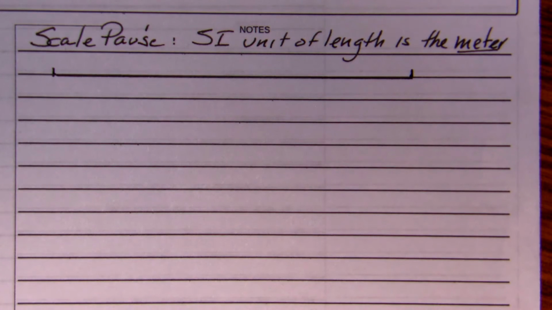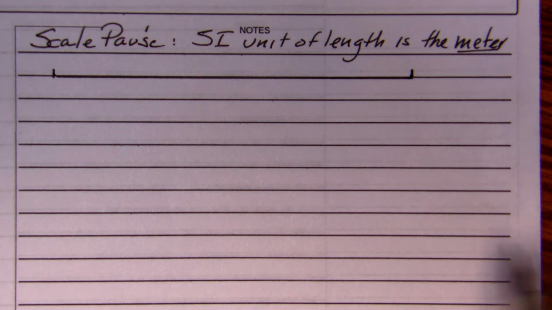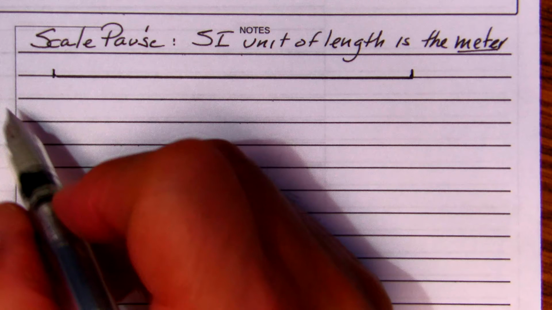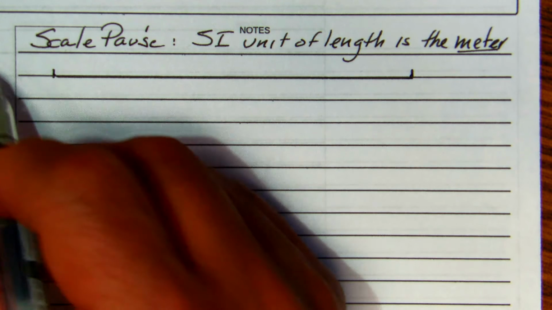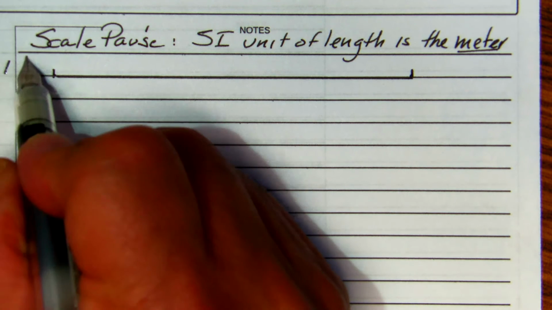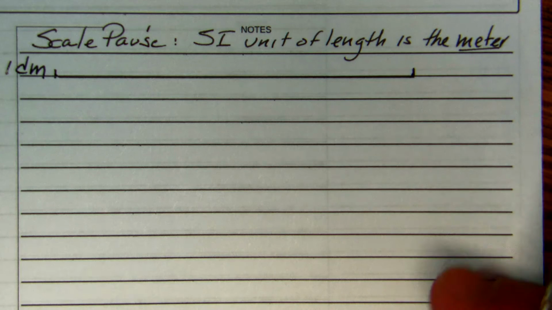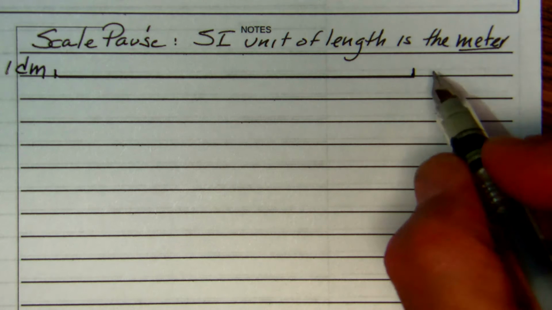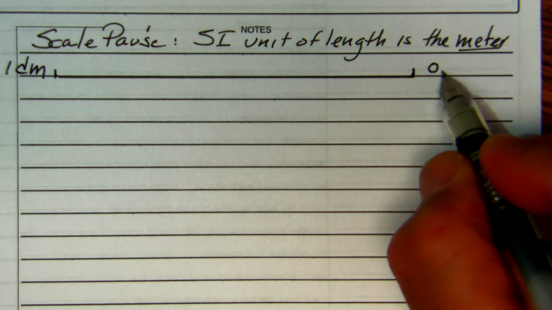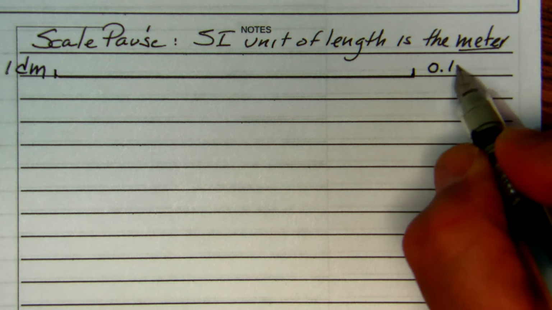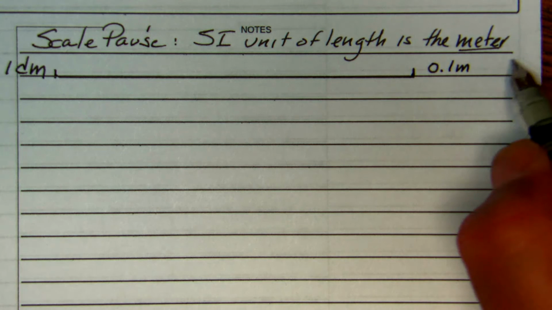That would be called 1 dm, 1 dm for a decimeter. On the right hand side, that's exactly 1/10 of a meter, which is 10 to the minus 1 meters.